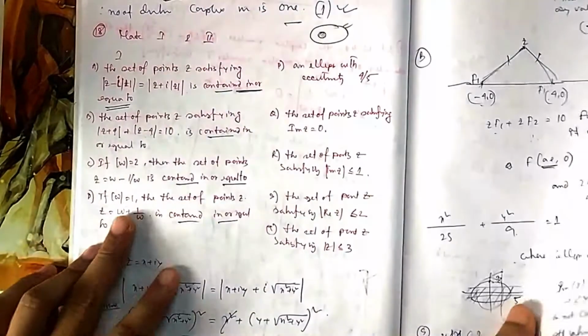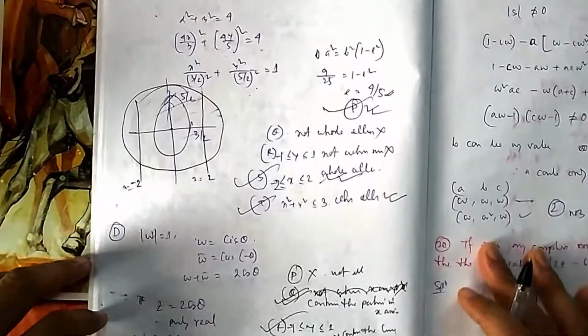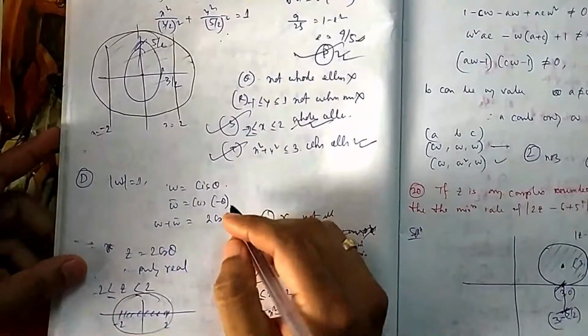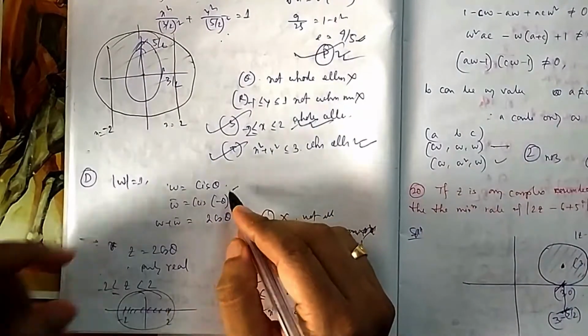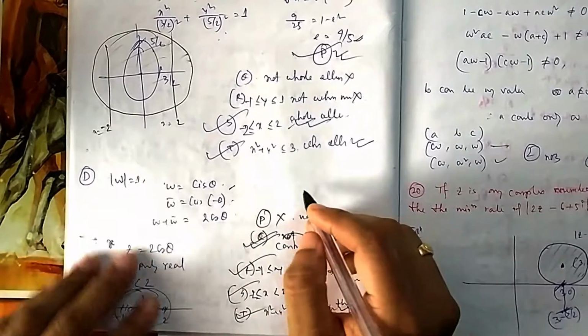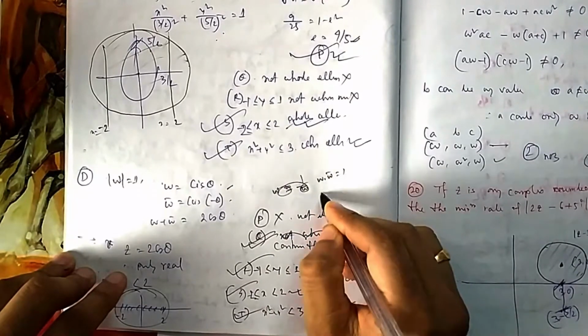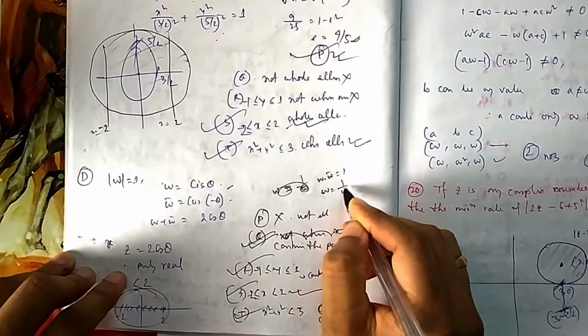Now if you come to D, mod Z is 1 and given. So you can apply the same method as C, but here because mod Z is 1, it is always our temptation to go to cis theta. And z bar is 1 by z, because omega into omega bar will be equal to 1, then omega bar will be equal to 1 by omega.